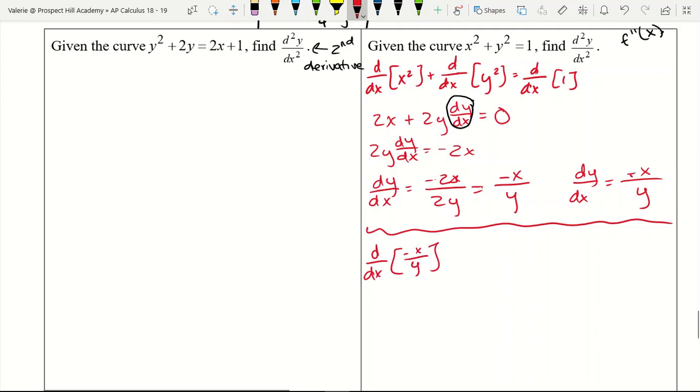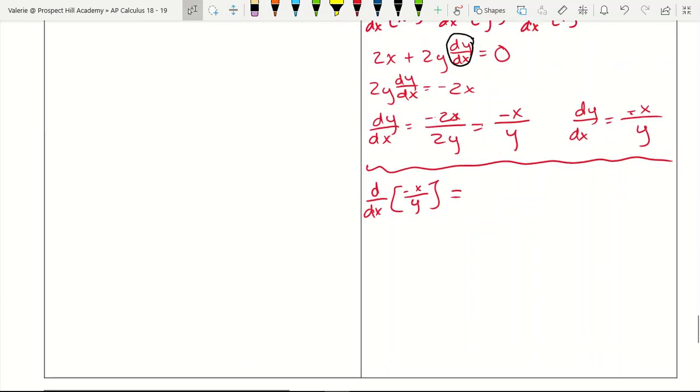Okay, so looking at this, we very clearly have a quotient rule problem, right? So we're going to use the rule ho d hi minus hi d ho all over ho squared. So we're going to have y. I'm actually going to write out each part of the ho d hi piece.